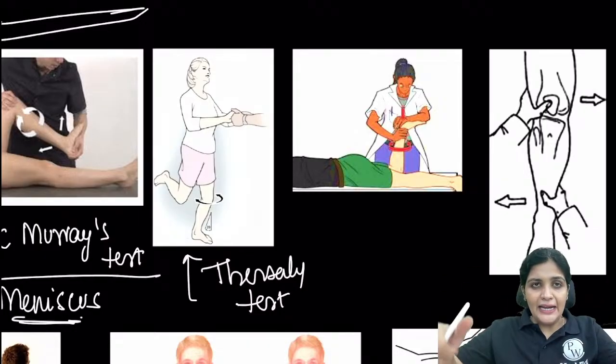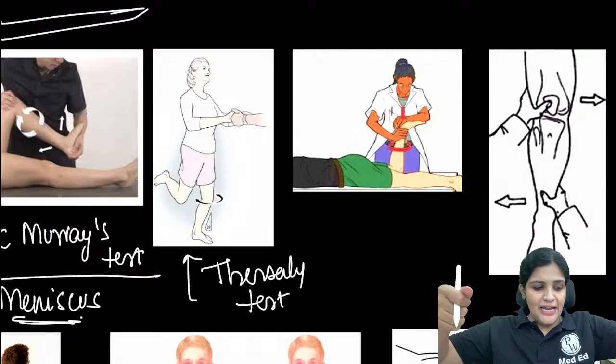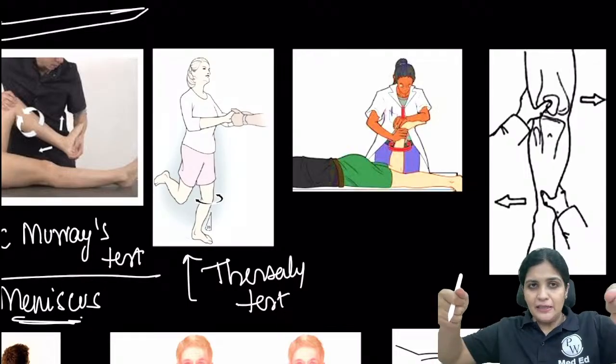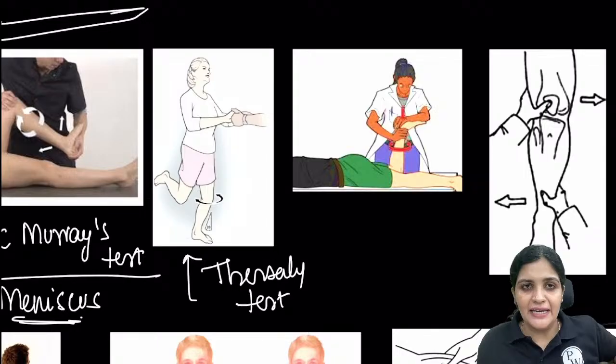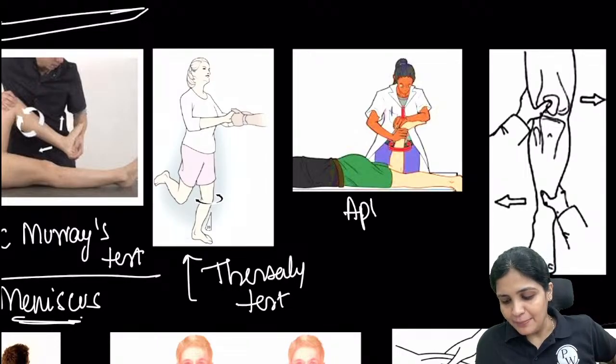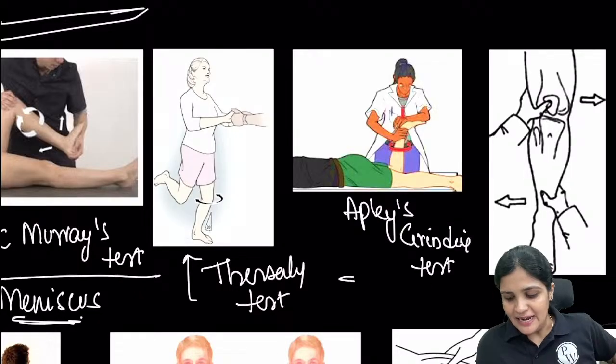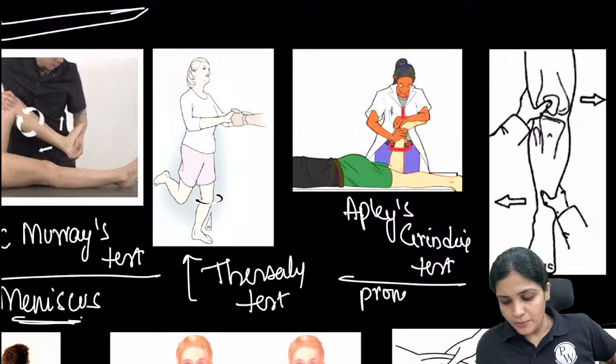You're going to help the patient stand, and the patient will rotate, medial rotation, lateral rotation on standing. This is called your Thessaly test. And what is this? This is your Apley's grinding test, in the prone position, right?